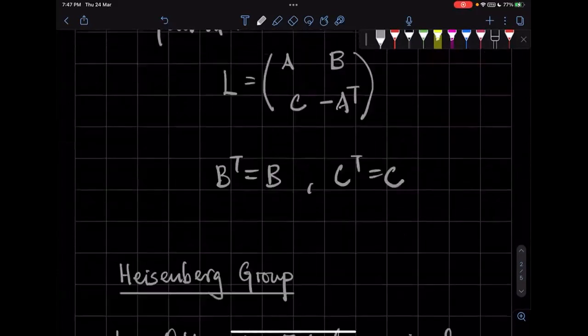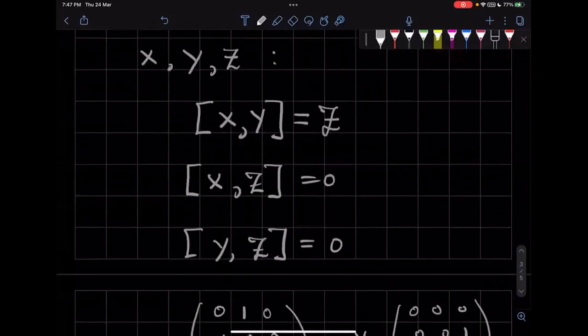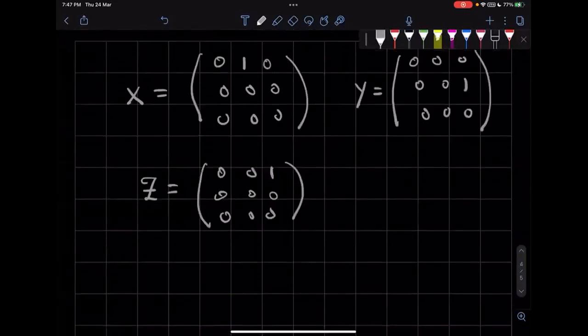Okay, so coming back to the Heisenberg algebra. What is a typical element of the Heisenberg group?